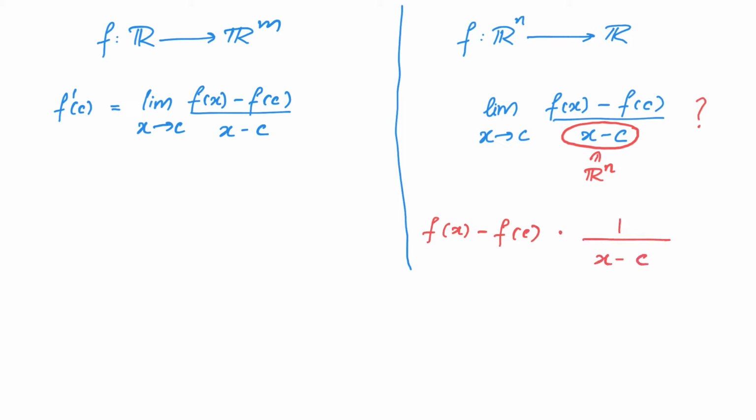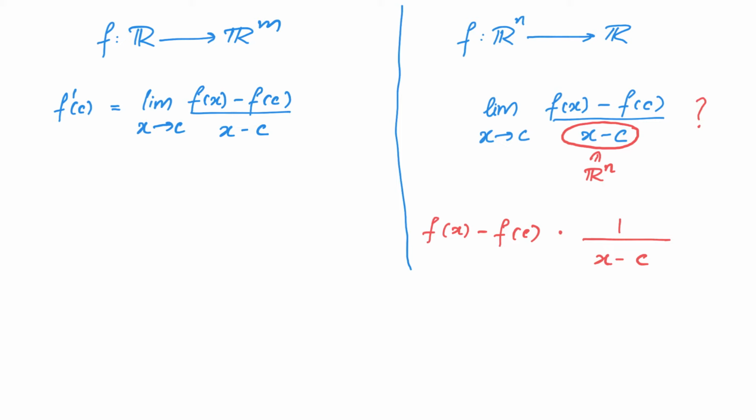Recall that this was useful when we studied functions f from R to Rm. There, f(x) minus f(c) was a vector, an element in Rm, and we were scaling this vector by the number 1 by (x minus c). However, even that does not make sense here because we do not know the meaning of 1 by (x minus c). Therefore, we cannot directly mimic what we have seen so far.